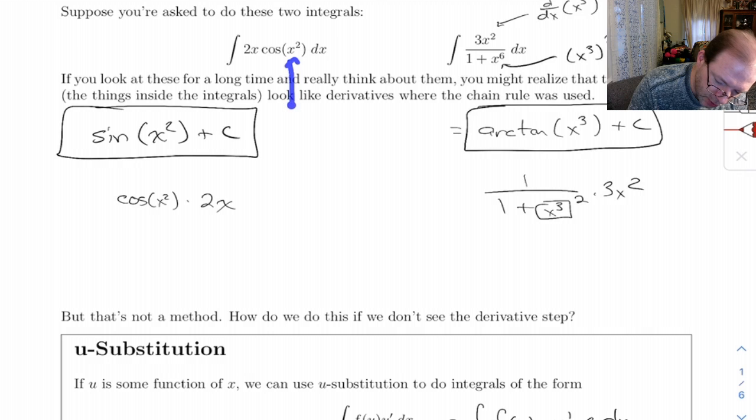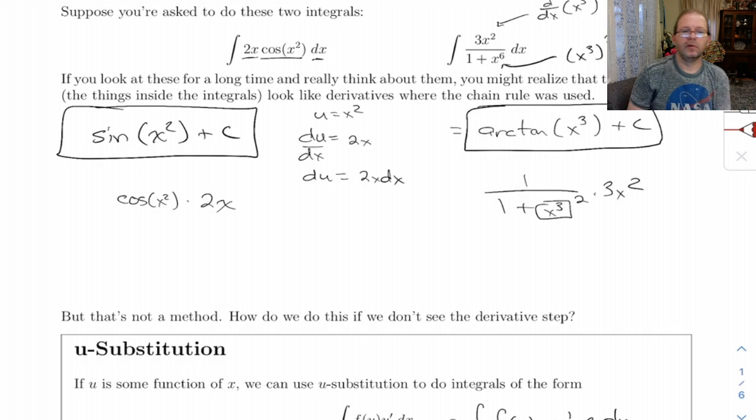And that's what's going on up here. X squared is my u on this one. My du, well, the derivative of that is going to be 2x. So I've got cosine of x squared, and then I've got 2x dx there, which is what you get if you multiply the dx on both sides. So that's the thing that tips us off that we could use u-substitution there.